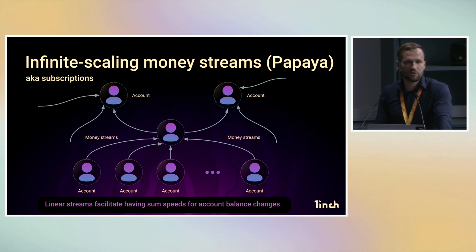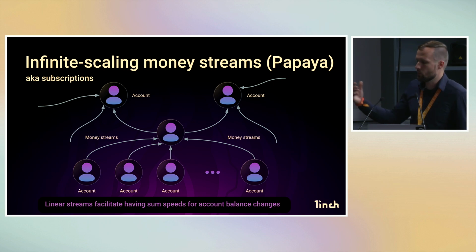It does not matter if you have 1,000 incoming streams or 1 million or even 1 billion streams. You can get money from all those streams within one short transaction. How does it work? This protocol stores total speeds of incoming and outgoing streams for every account.